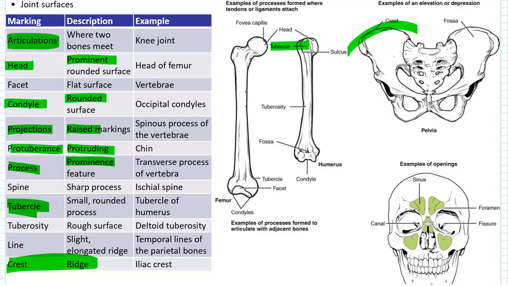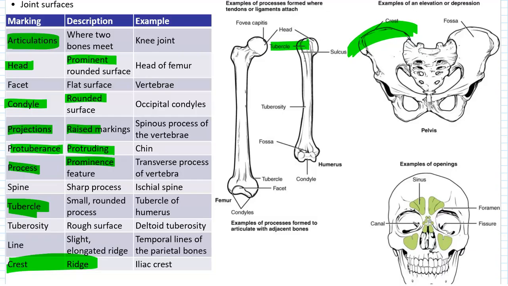Muscles. When muscles pull on the bone, they create projections. This crest, iliac crest, is the site of origin for your oblique muscles in the abdomen. So these are strong muscles. They constantly apply force to your hips, therefore crest.